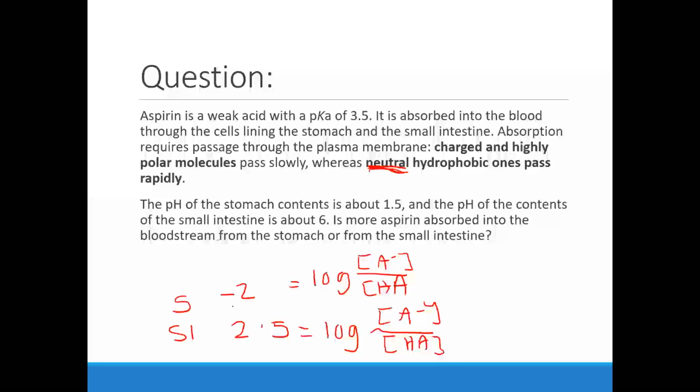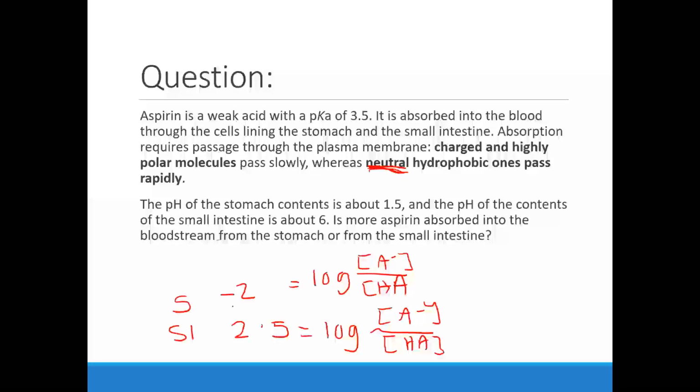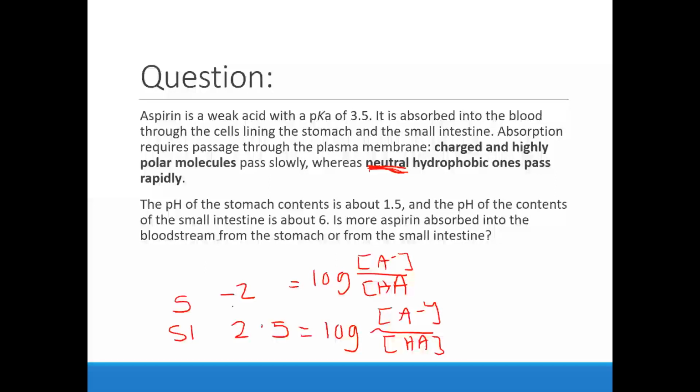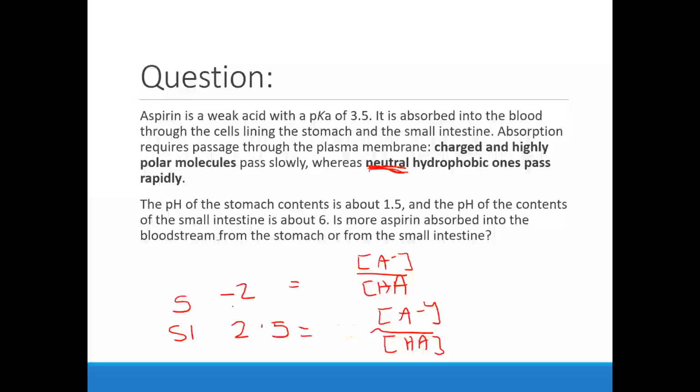Okay, so lastly, how do we get rid of that log? Remember, to get rid of the log, we have to raise both sides to the power of 10. So that means 10 to the negative 2.5 over here, and on this one, it would be 10 to the 2.5.